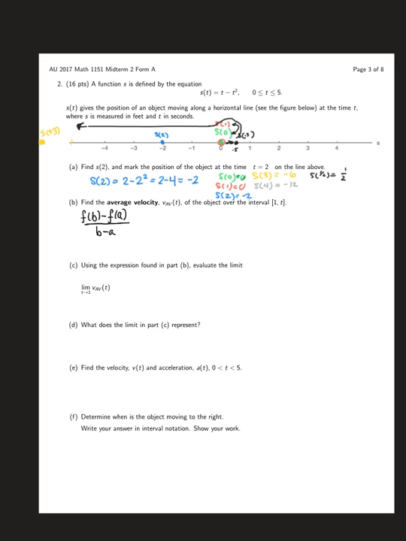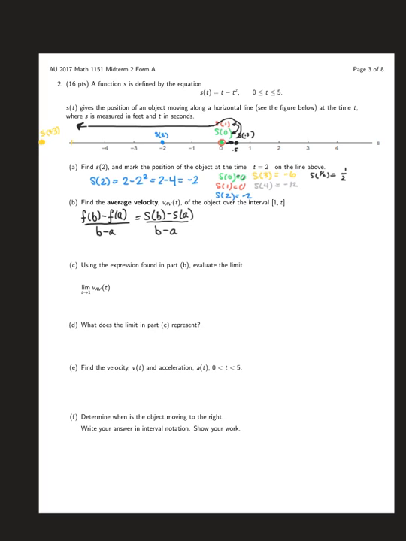And in the context of this problem, we have the function s. So here it would be S of B minus S of A over B minus A. Now, our A and our B here are 1 and t.